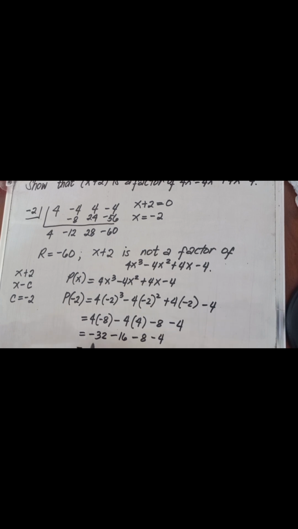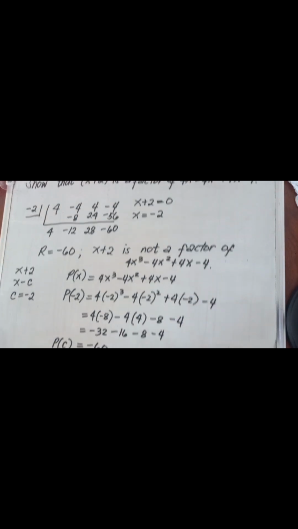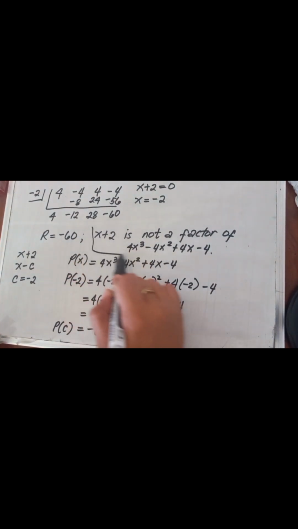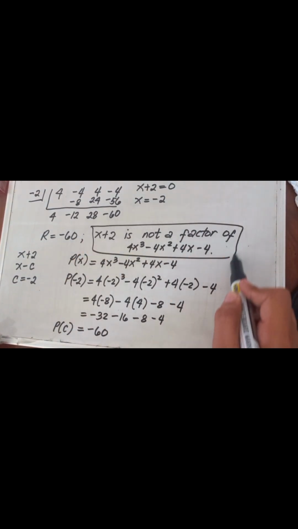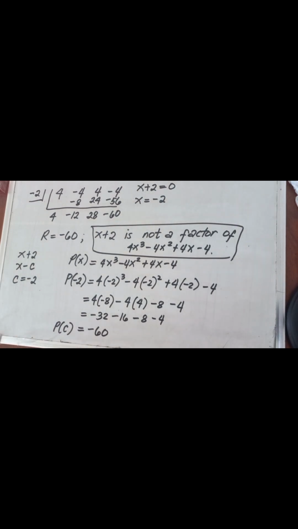So 32, since all of them are negative, so 32 plus 16, that is 48, plus 8, that is 56, plus 4, then that is negative 60. So again, our remainder, or P of c, is equal to negative 60. Therefore, x plus 2 is not a factor of the polynomial expression.